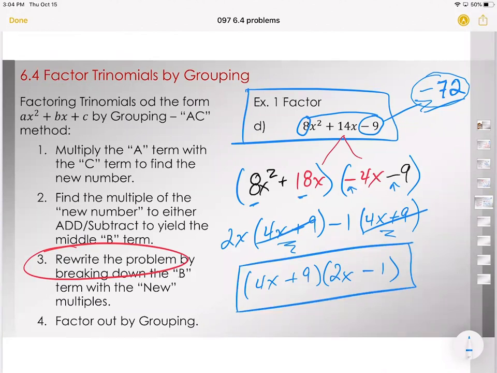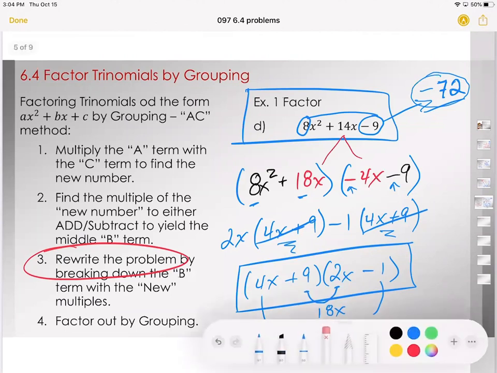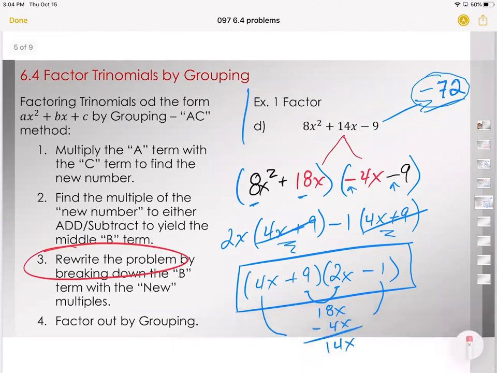And if you're in doubt, you can always FOIL this out to make sure. You just take the 9 times the 2 to give you 18, the 4 times a negative 1 to give you negative 4, and as you can see, 18 minus 4 gives you 14x, and that is what we have up here, 14x, right?